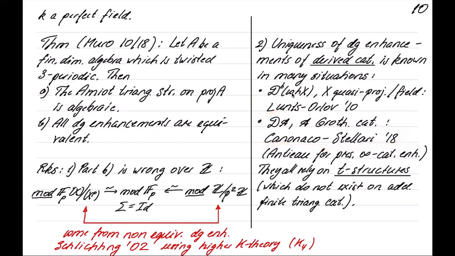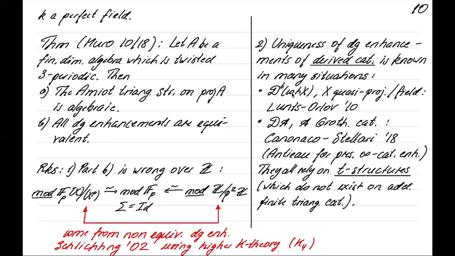And it has been further generalized by Antieau. Antieau considers non-DG enhancements. He considers presentable infinity-category theoretical enhancements. So these are definitely more general than DG enhancements, and they are also unique.